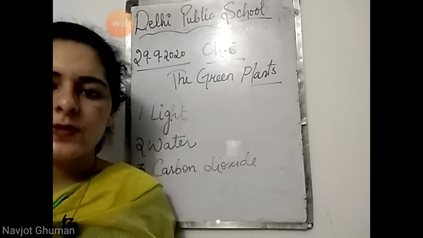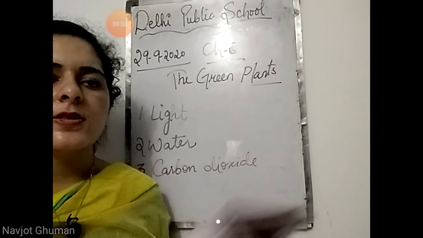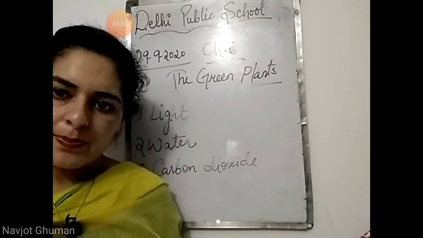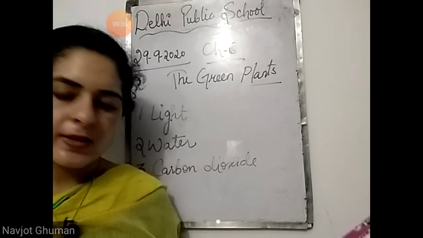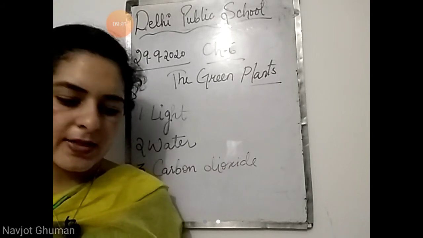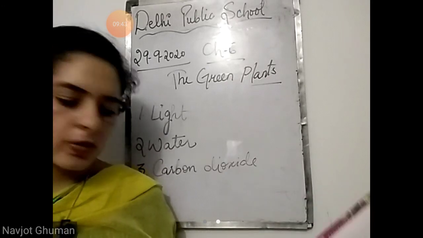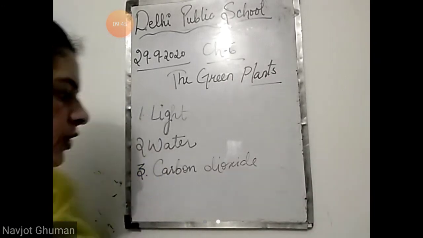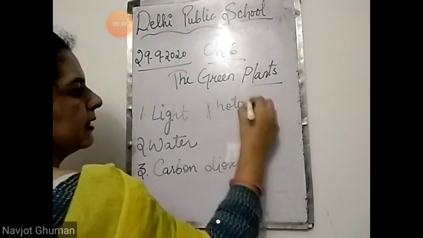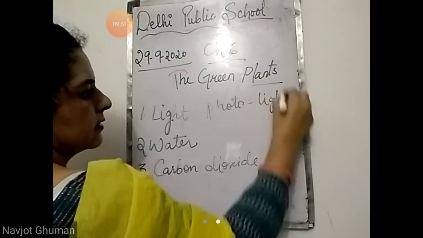Next is, what is photosynthesis? Photosynthesis is a process to make food by the plants. It is a process by which leaves use sunlight to convert water and carbon dioxide into food, called photosynthesis. Photo means light, as food is prepared in the presence of light.